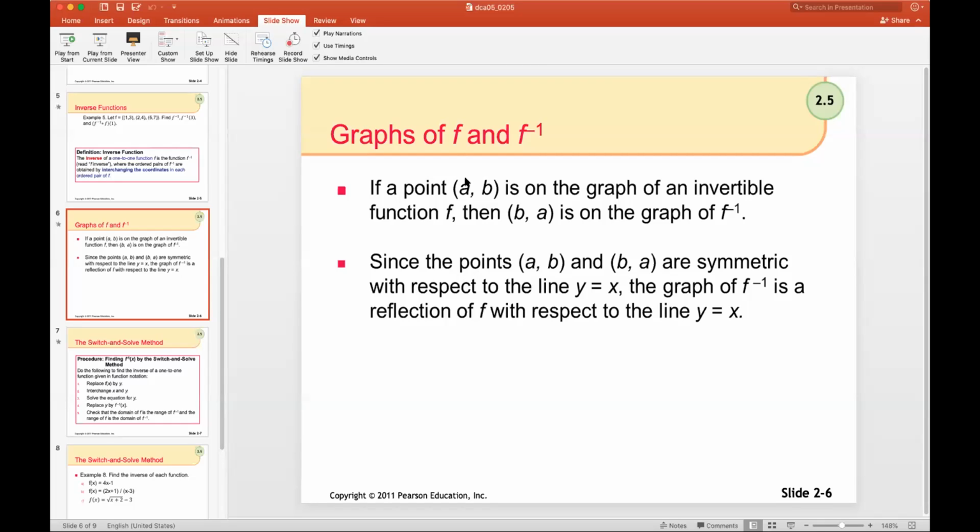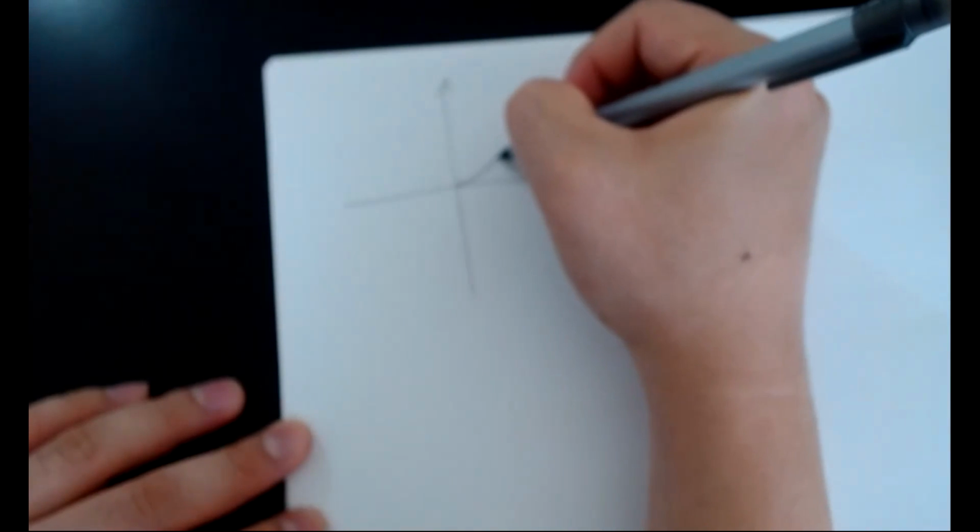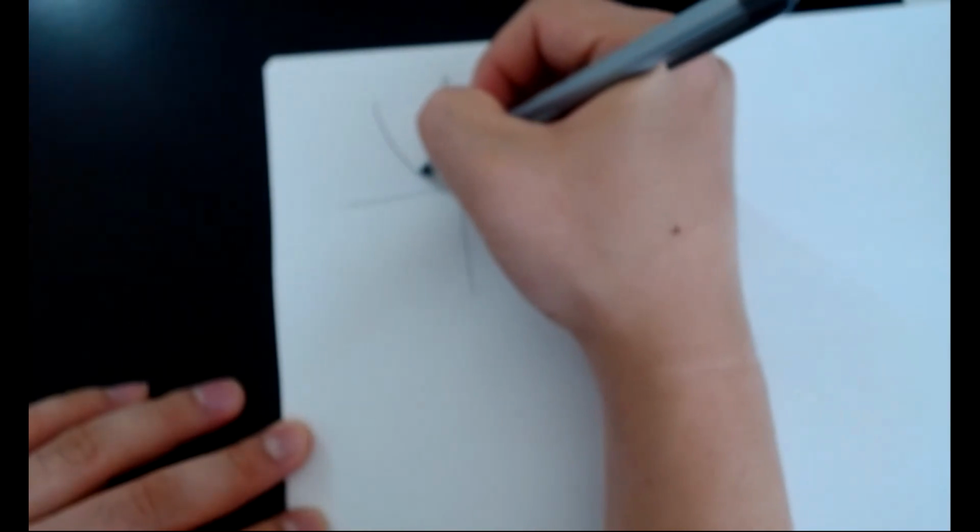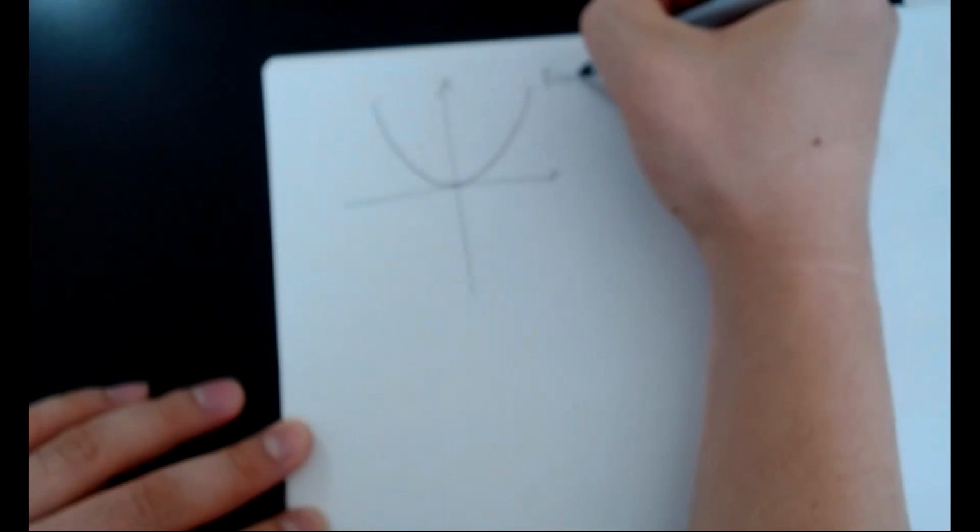Okay, so let me give you an example. I'll cover this one and then just call it a day. Think about f of x equals x squared.